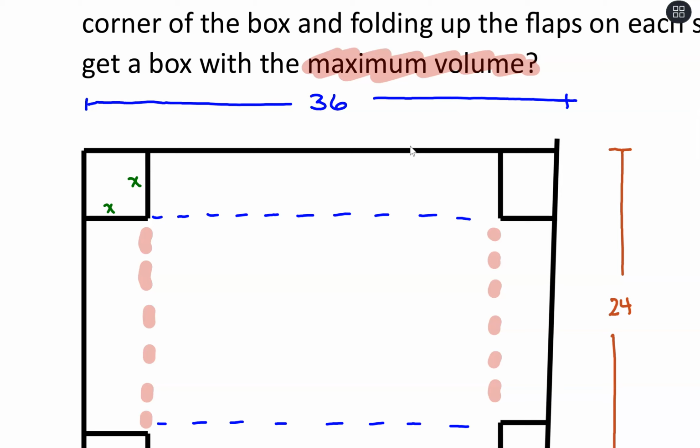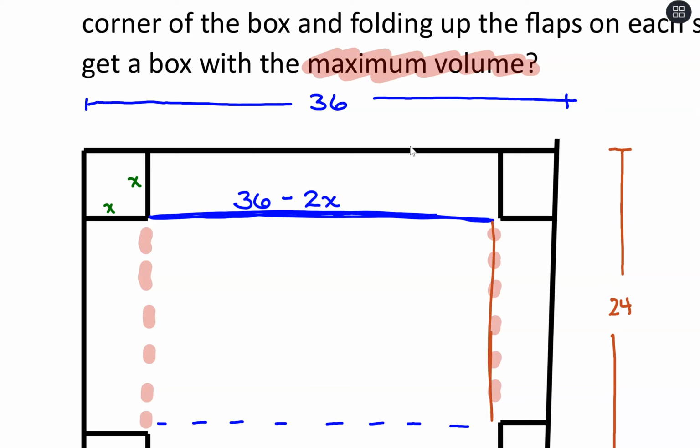So what we need is this length right here is an actual side of our box. So we don't want to use 36. Instead, we want to think of 36, but with two of these squares cut out. So really that length is going to come from 36, but then take away two of those x values, since we're taking away two squares.